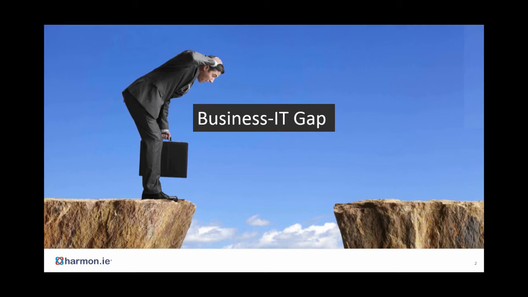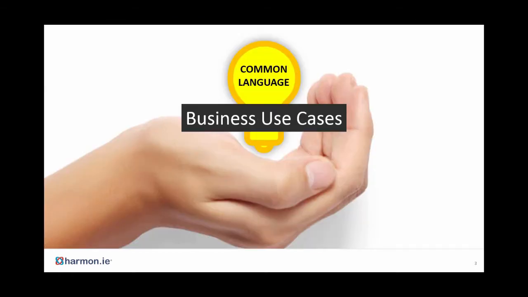What are the exact workflows which can be digitalized? That's why at Harmony more and more we are working with our SharePoint partners and our customers to put together a collaboration workshop, helping the IT community and the business community to sit together and to really identify the key business use cases which can be optimized.